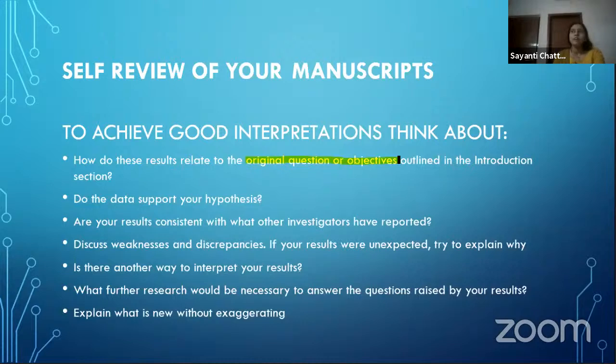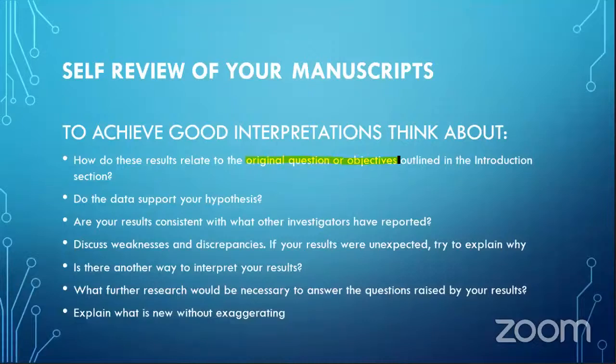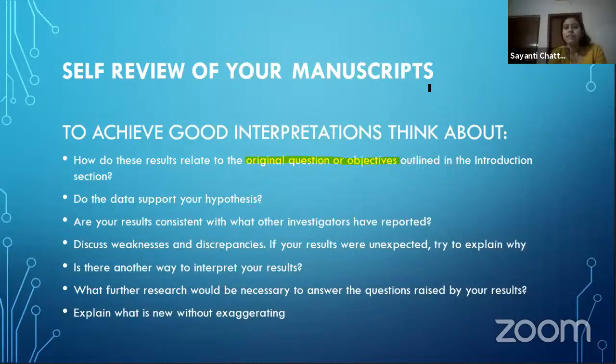If you want to submit to Elsevier, you have to give the objectives in a separate paragraph. And when the paper is published, you can see the objectives will also be present there.